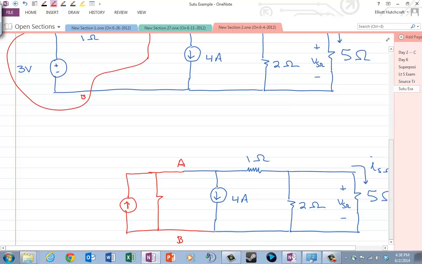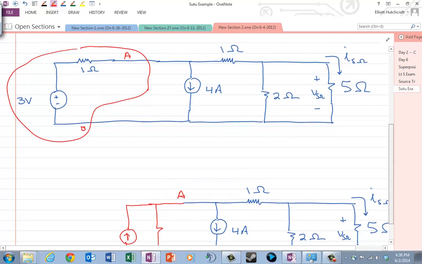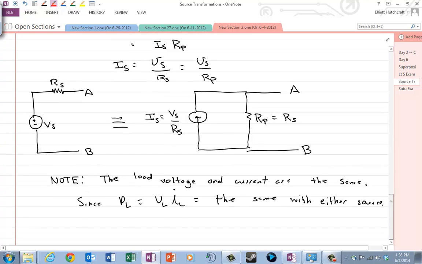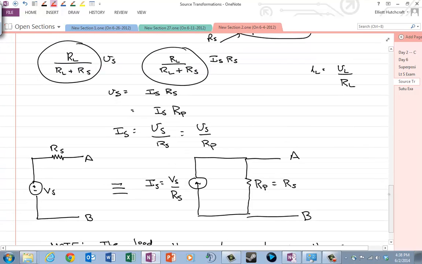Now this is one thing to notice. When we look at my theory over here, how are the sources equivalent? The plus goes where the head of the arrow is. So the plus going with the head of the arrow says that the value of the source is going to be Vs over Rs.